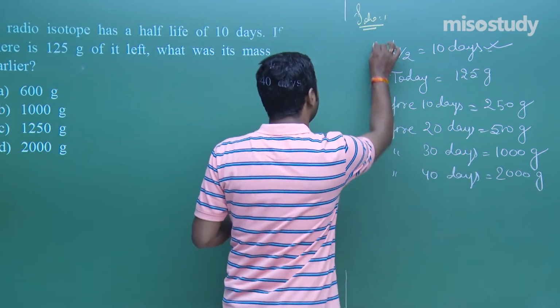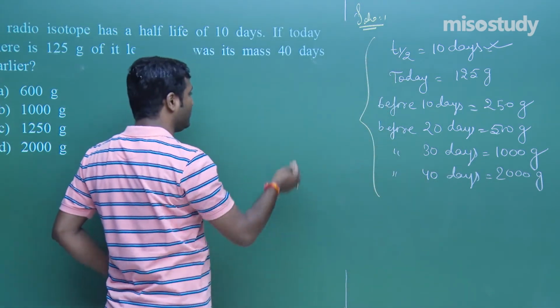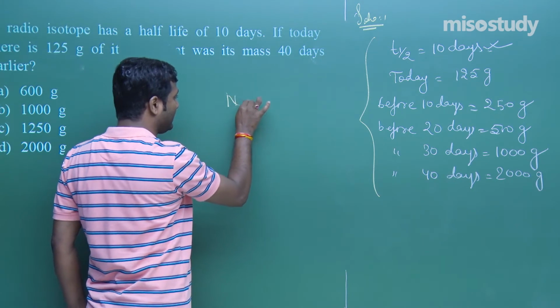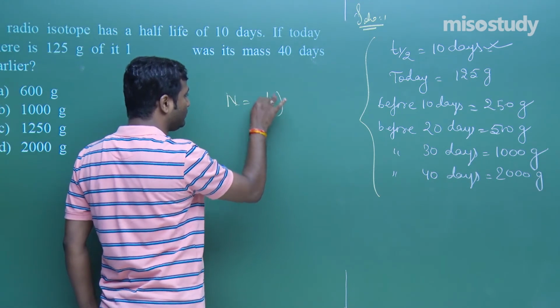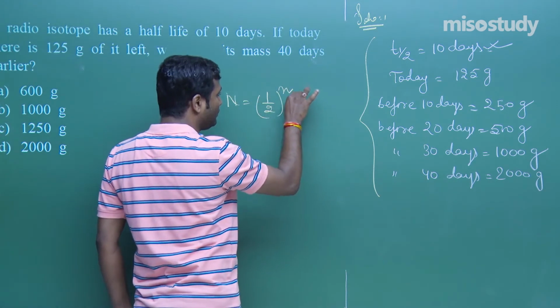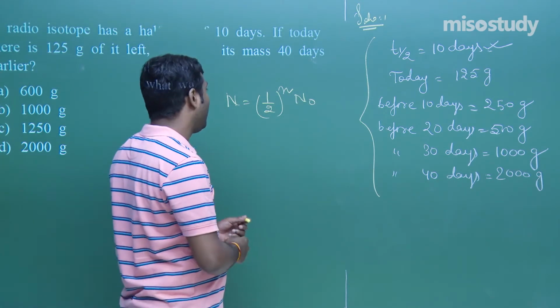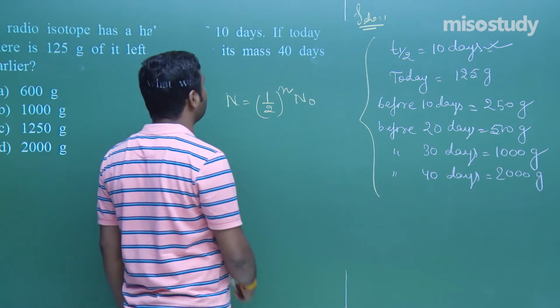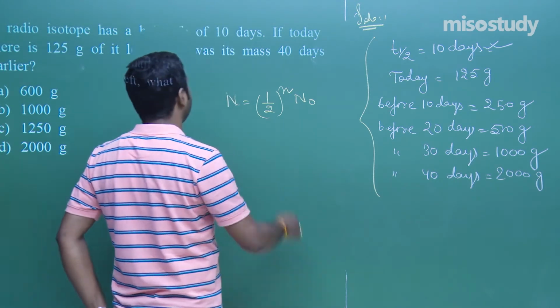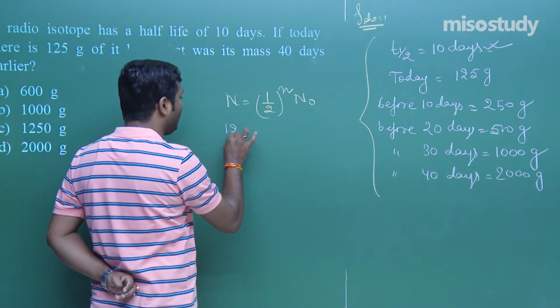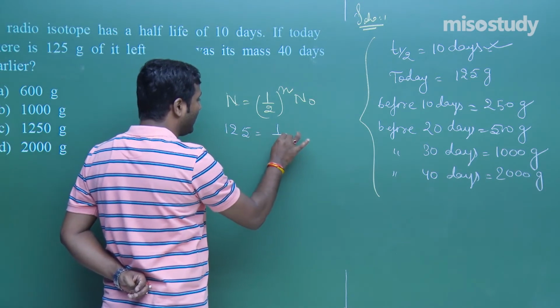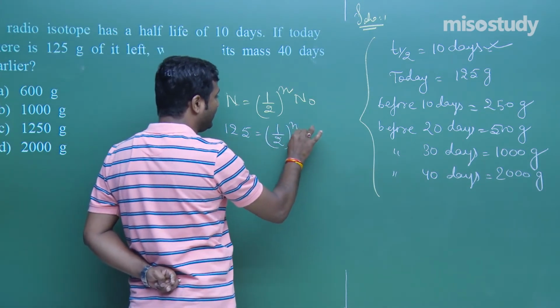This is the normal method. Now the next method: as we know, N is equal to (1 by 2) to the power n into N naught.